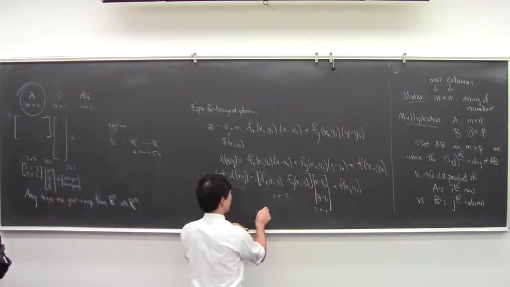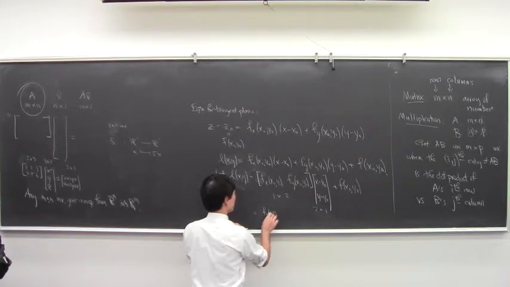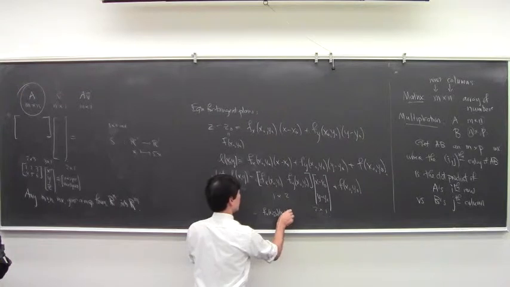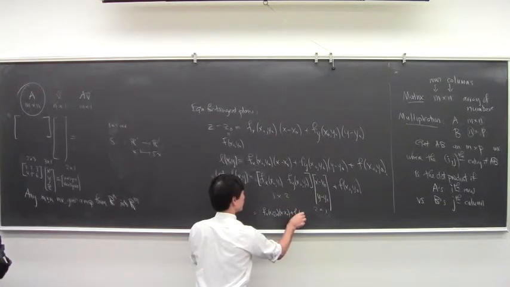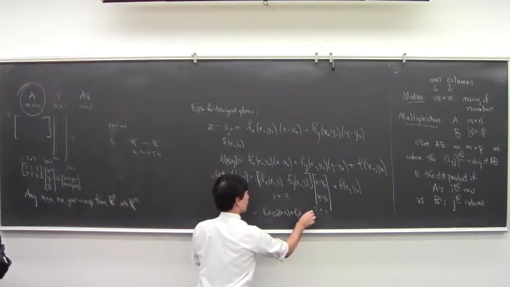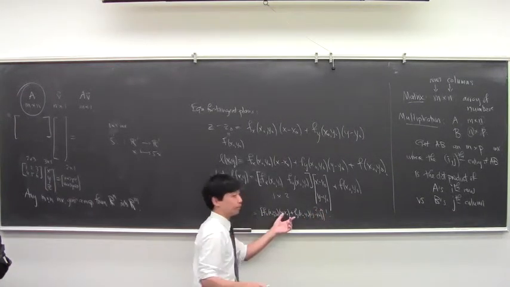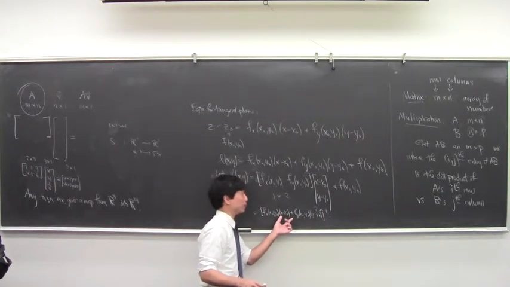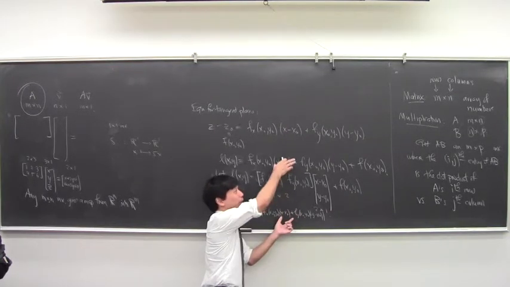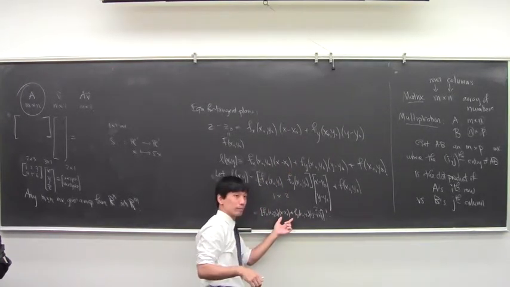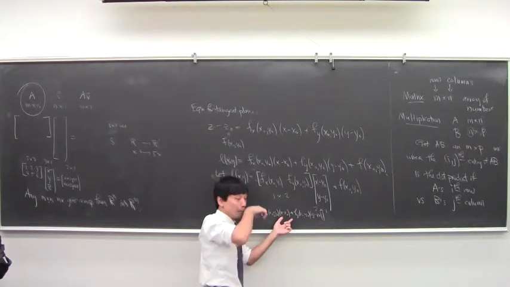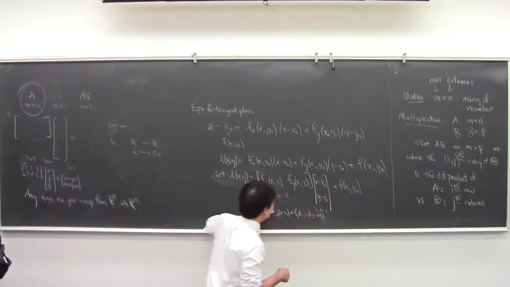So that'll give me a 1-by-1 whose entry is this times x minus x naught plus this times y minus y naught. A 1-by-1 matrix, which you can just think of as a number. Then why do we express it as a matrix rather than just a dot product?